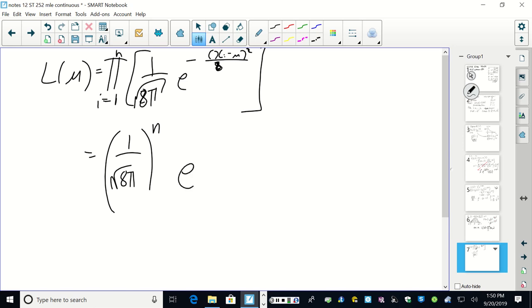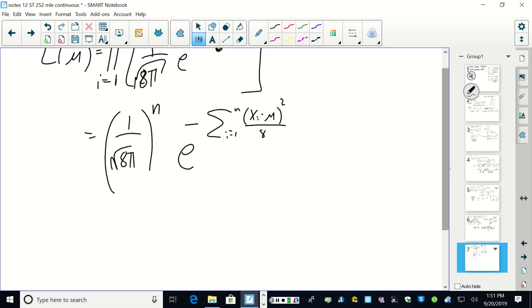So we get a negative, and then a summation, i going from 1 up to n, of xi minus mu squared over 8. So that's all up there in the exponent.